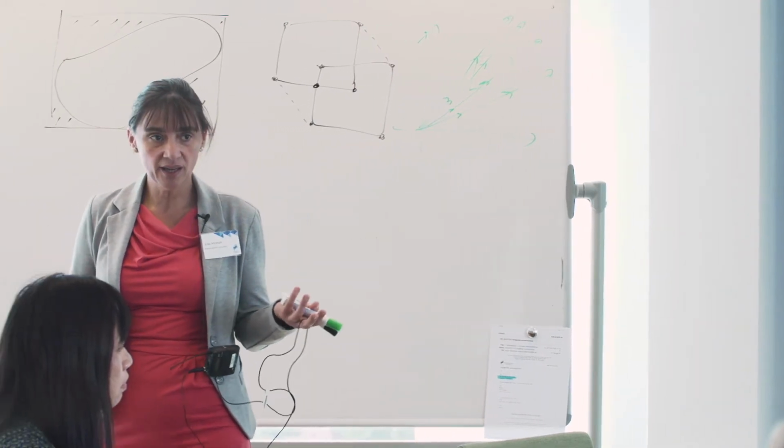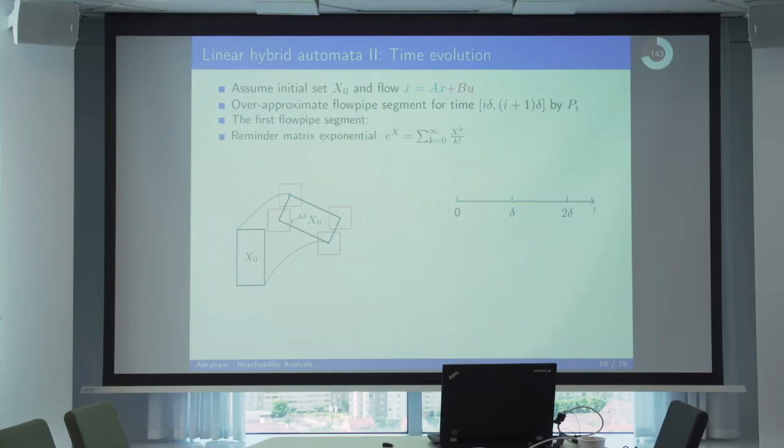If not, it is bigger. But basically what I do is I compute a box such that if I bloat this set at time delta with this box and then build the convex hull of the initial set with it, then I over-approximate the dynamics according to x dot equals Ax.